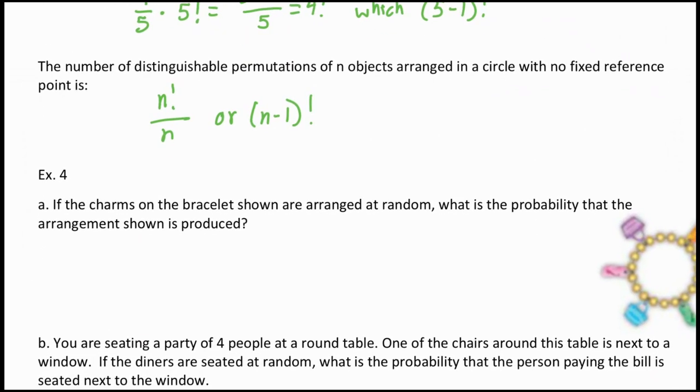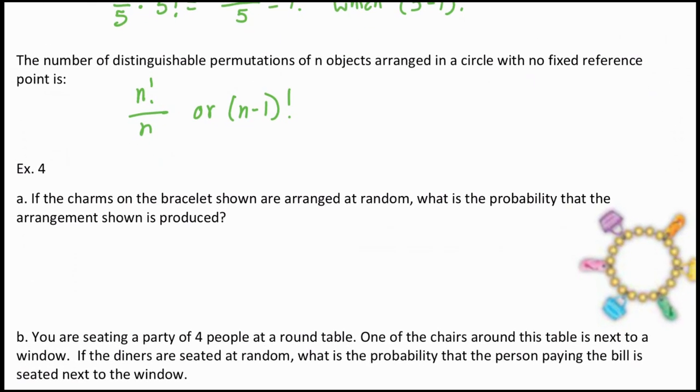If I'm talking about a charm bracelet, and the charms are arranged at random, what's the probability that the arrangement shown is produced? Again, if I twist this charm bracelet, does it change the charm order on the bracelet? No, it doesn't. So this is why we're doing circular permutations.